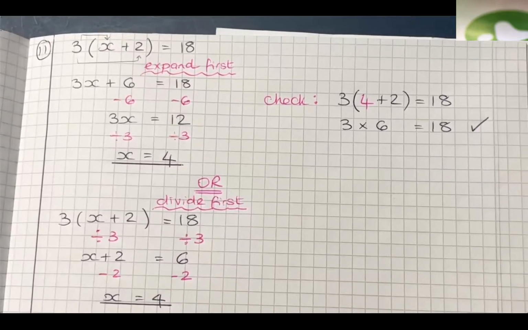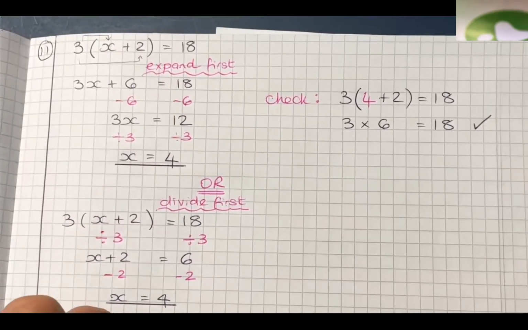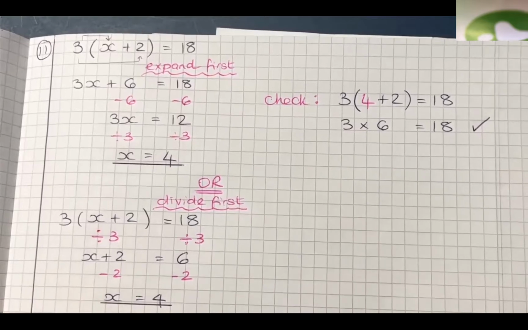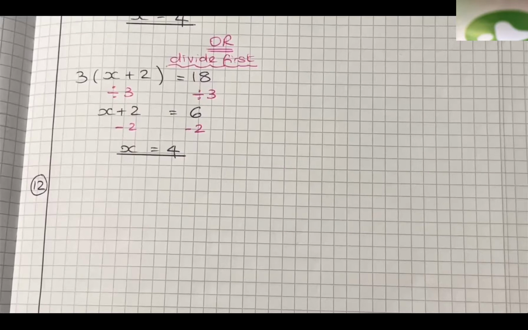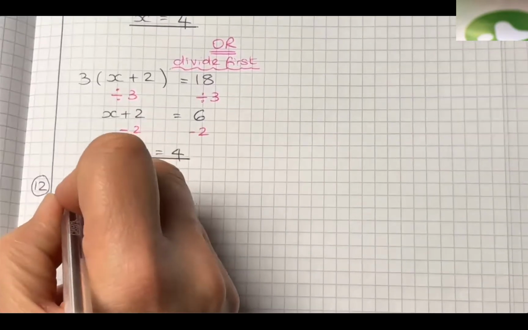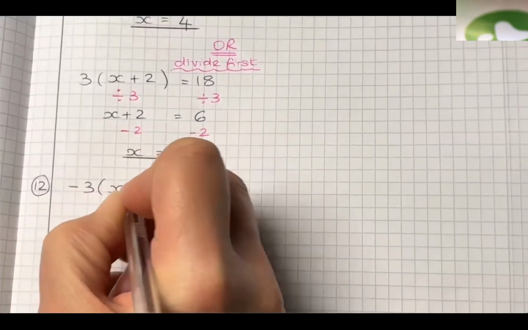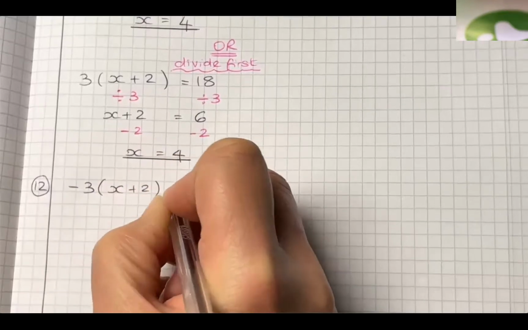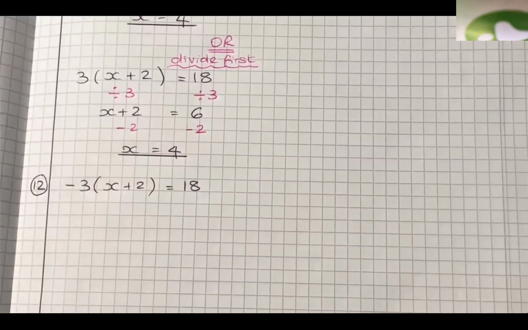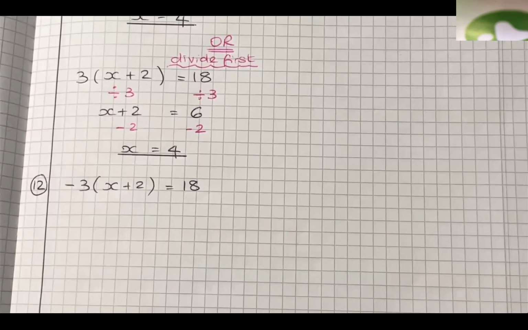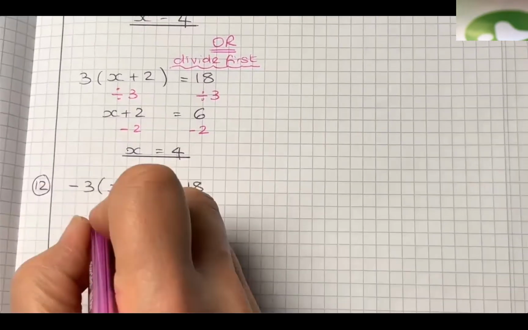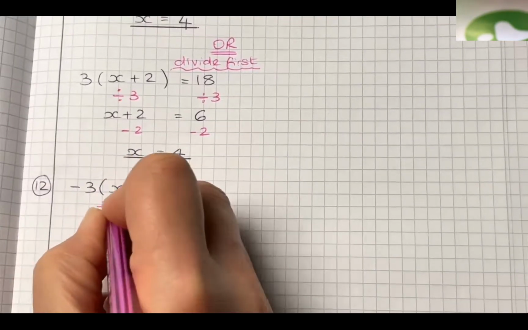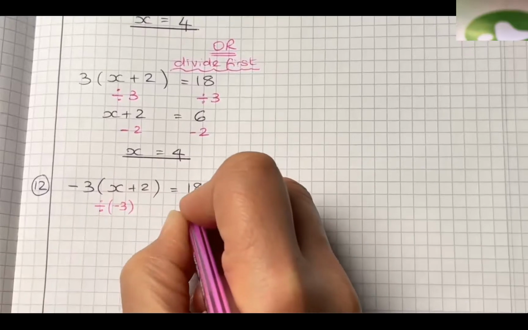All right, we've just got a couple more to go. This one's very similar, but I just want to make sure we're remembering what to do when we have negative numbers. So this time I've got negative 3 lots of x plus 2 equals 18. Doesn't matter which method you use. You can divide first, you can expand first. I'm going to divide first, and I'm going to divide both sides by negative 3.